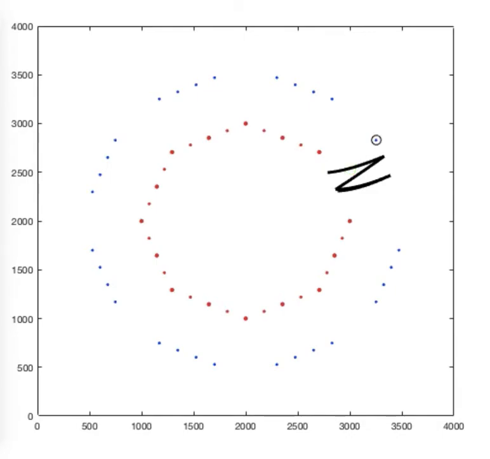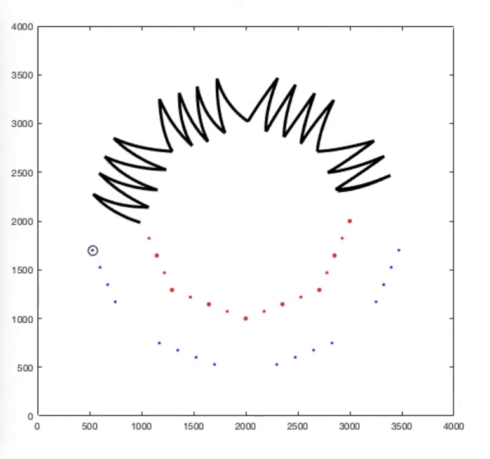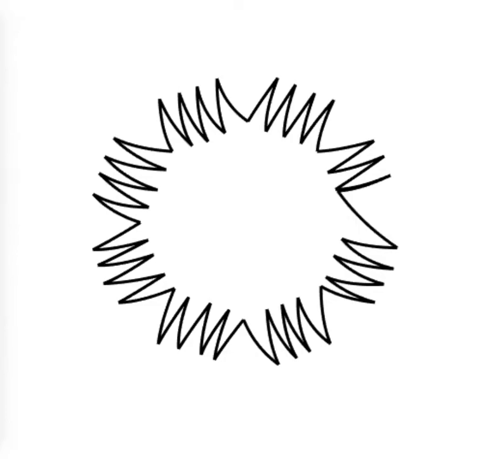And we keep repeating this till all consecutive red and blue points have been connected. This gives us the initial shape.